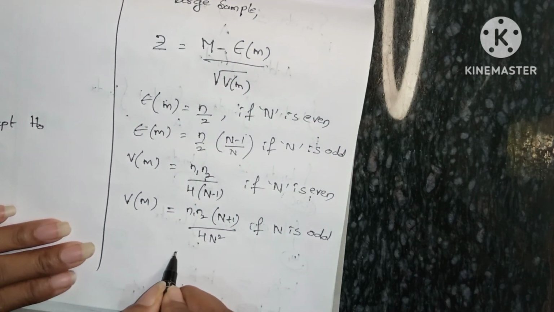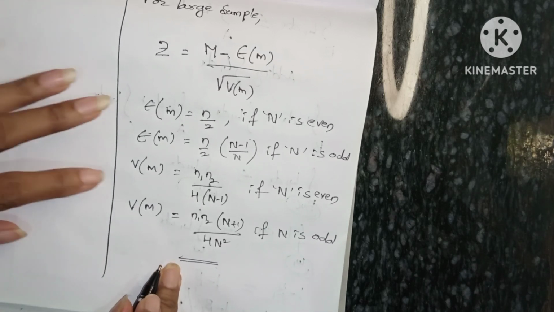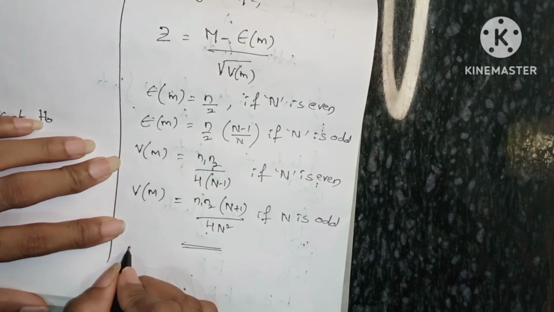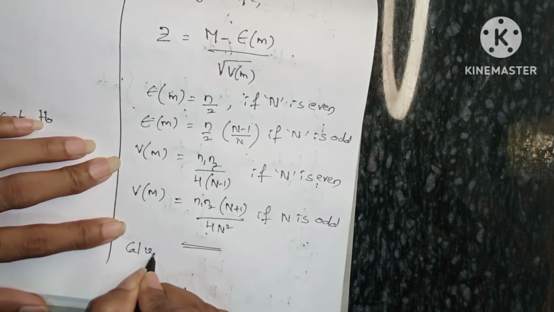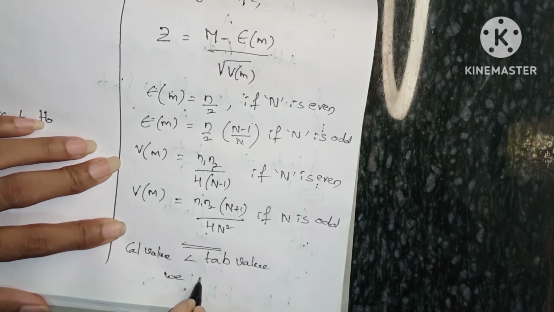So hope you all understand. And next, what about the conclusion? For a large sample, if the calculated value is less than the tabulated value, we have to accept the null hypothesis.